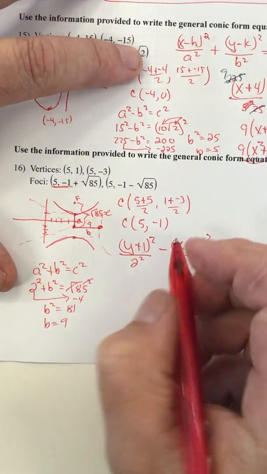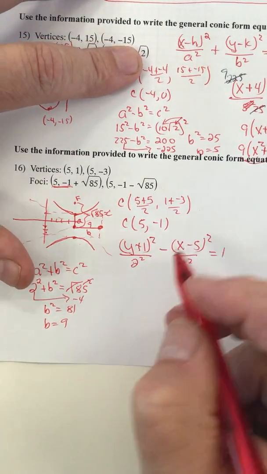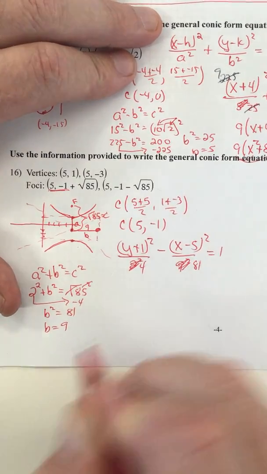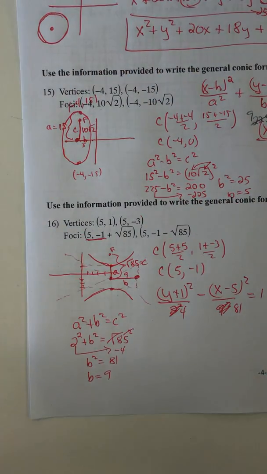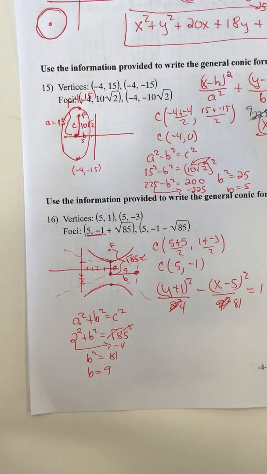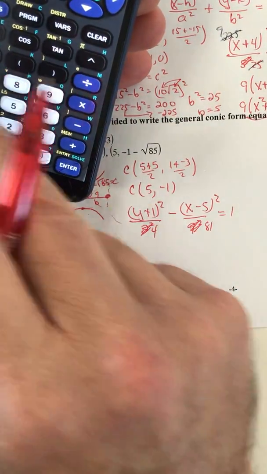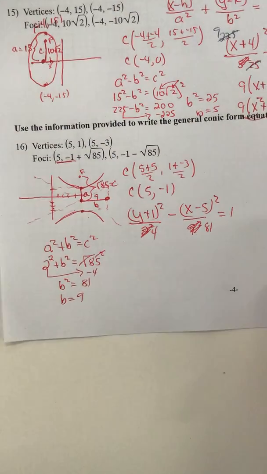So the sideways distance is 9 squared. Here's our equation. We just need to flatten it out. So that's really 4, that's really 81. The common denominator, the least common multiple, is 324.